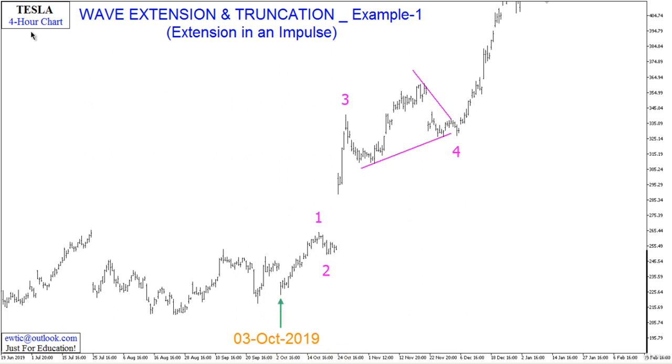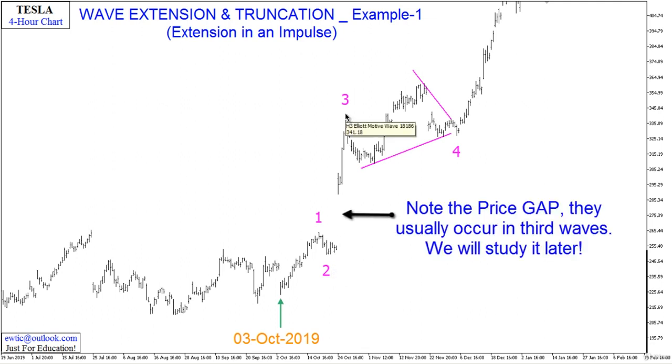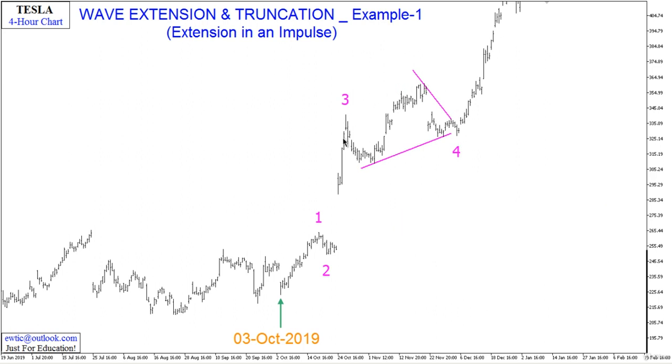We are having a look at the 4-hour chart. So we have wave 1, wave 2, we have a clear wave 3 here, then we have a triangle wave 4, which is very common, right? The triangles most commonly form in the wave 4 position, right? So after this fourth wave, what comes is the fifth wave, right?